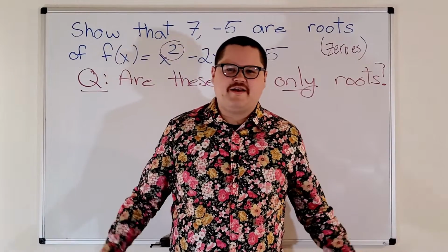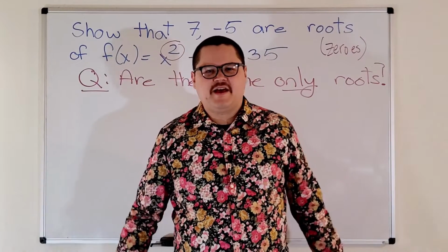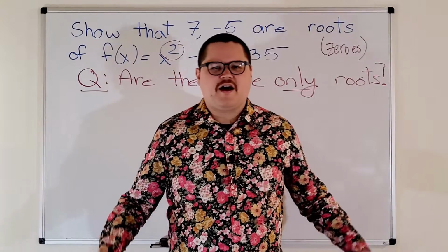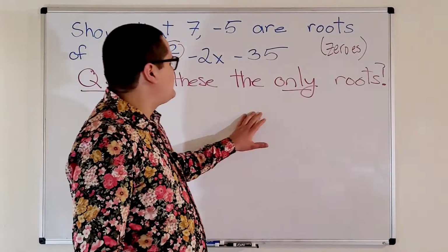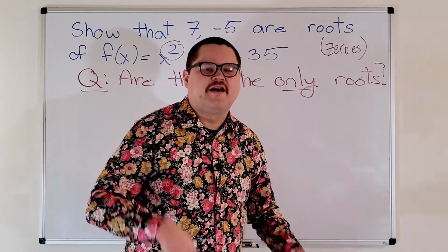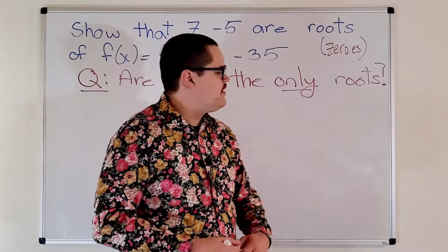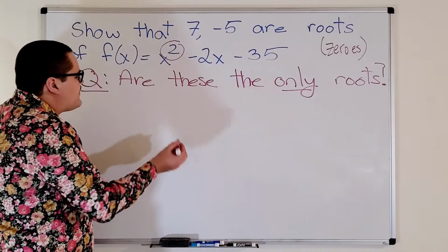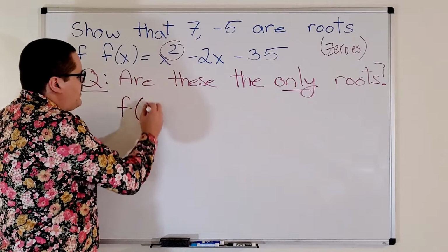Now, a natural question arises, and maybe you already asked it yourself. Are these the only roots? Or are there other values that if we plug them in for x, we get 0? Well, let's try a few. Maybe I could take 1.